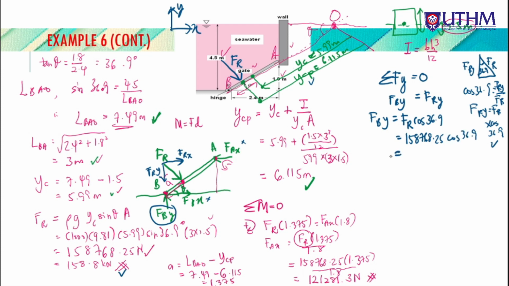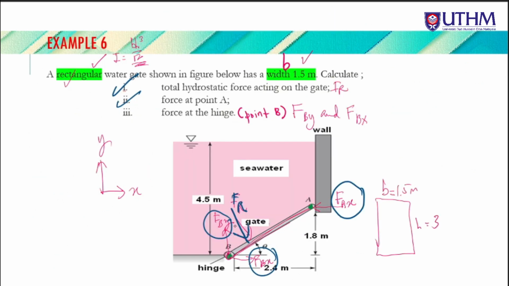Okay, so ini akan bagi around 126,964.53 Newton. So kita dah settlekan komponen Y forces dekat B. So untuk ini kita dah selesaikan.